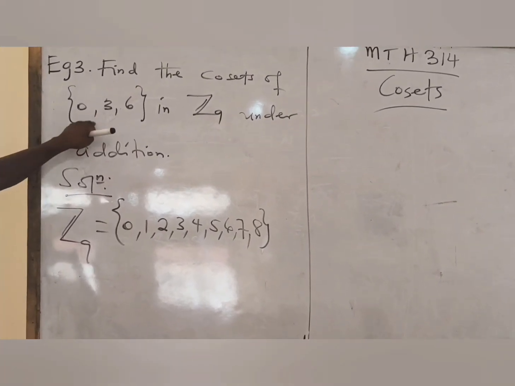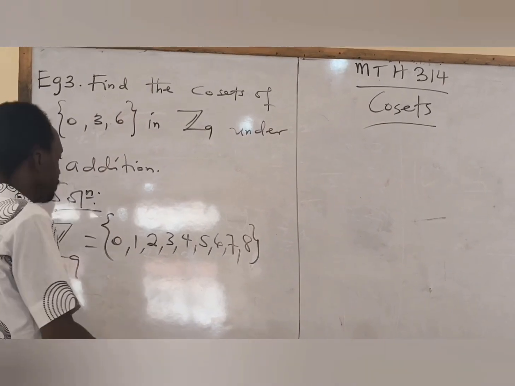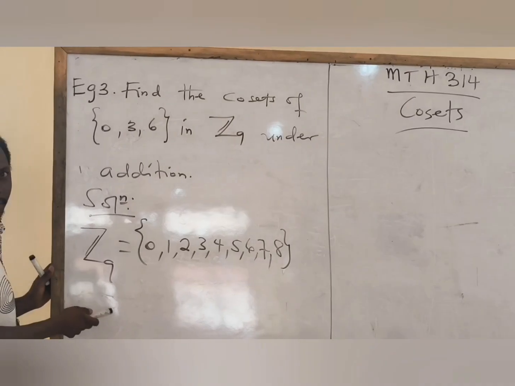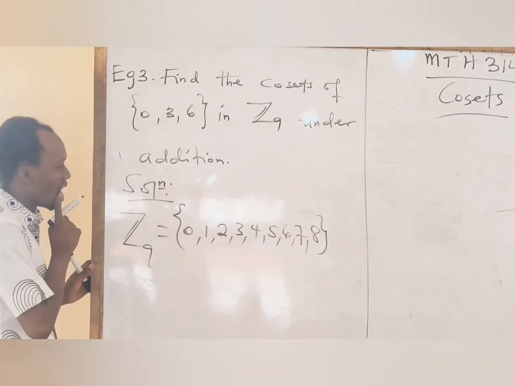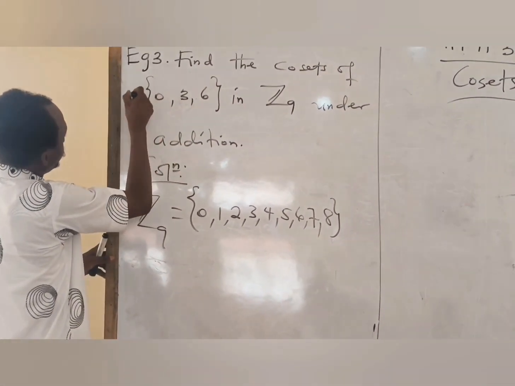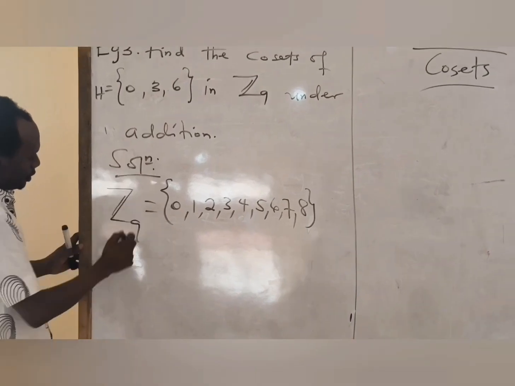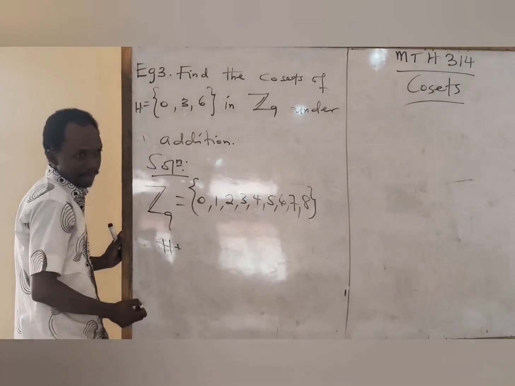That means we find the cosets under addition. You know it's left coset or right coset? We have used left before. So let's assume this one is A. This is a subset, a subgroup of this. So we use right coset there.